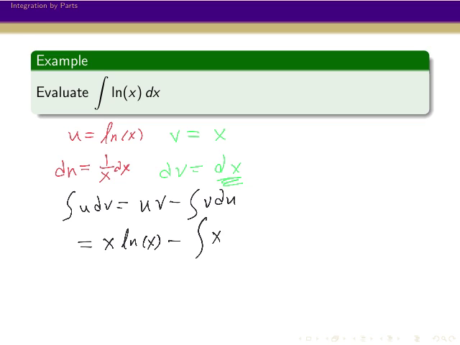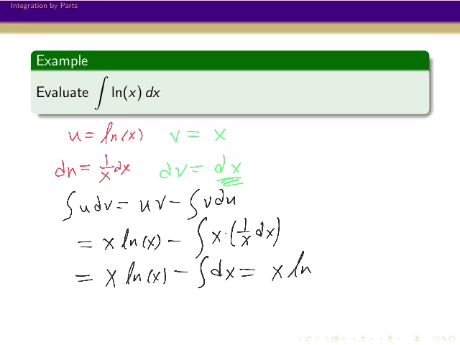And then now our du, our logarithm now has turned into something easier, 1 over x dx. And so looking in here, we have x times 1 over x. And so this becomes x natural log of x minus, well, they cancel themselves off. And so we just have the integral of dx. And so we have x natural log of x minus x, and then we should include our plus c at the end.